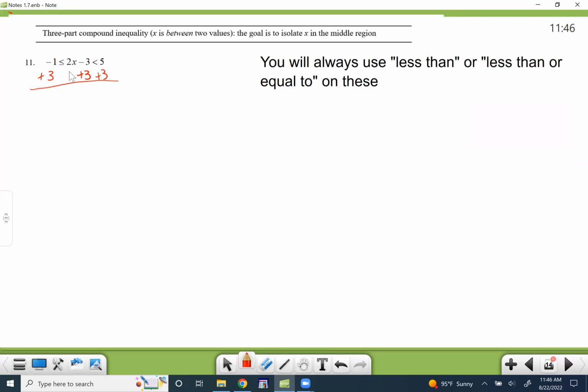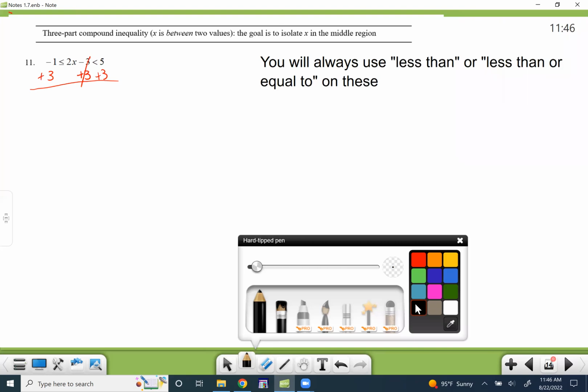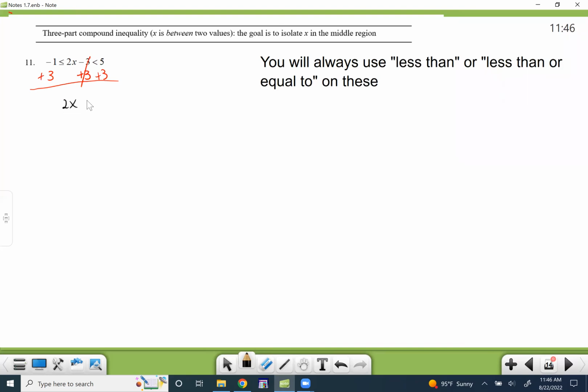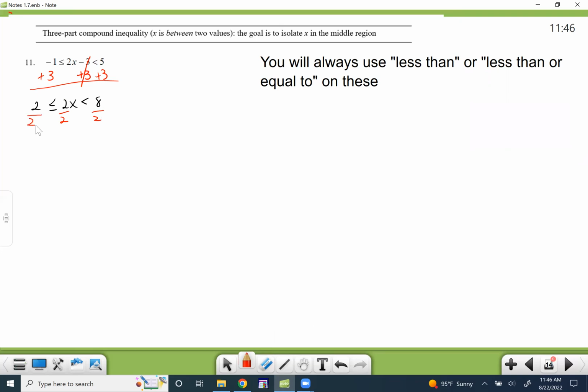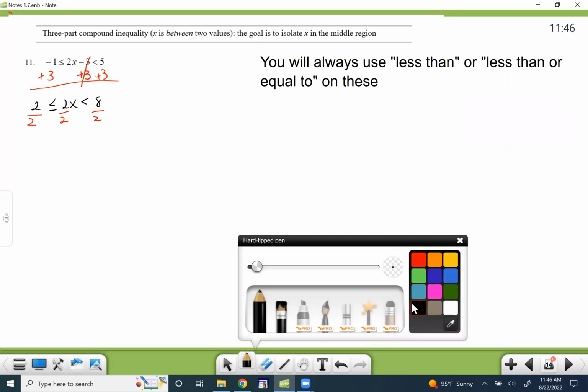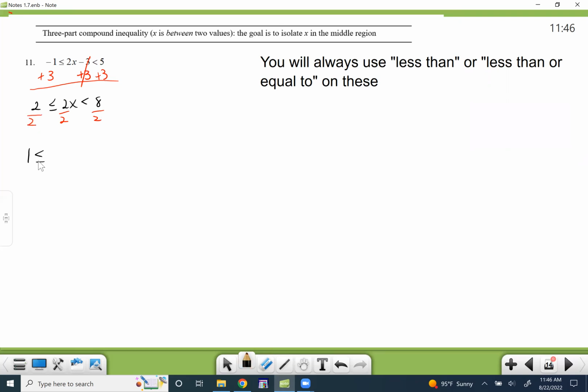One on the right-hand side, one on the left-hand side, and the one in the middle that cancels it out. That is the only difference, that you're doing it more than you regularly would have. We're going to divide by 2, but again, I've got to do it on all sides. I did not divide by a negative, so I'm going to keep the signs the same.